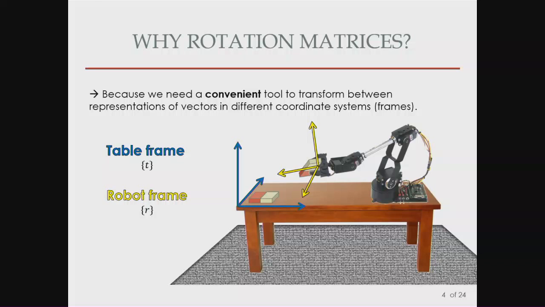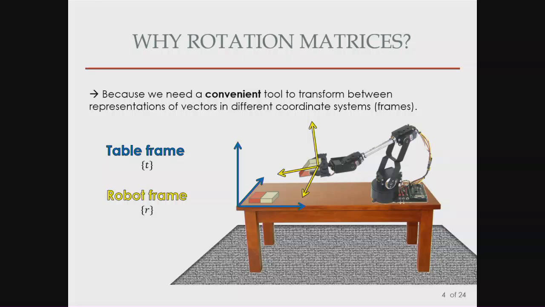I gave here an example to someone who asked me. Imagine you have some vector, and you have two coordinate systems that are oriented in different ways, but you do know how one is oriented with respect to the other because you know the angles between the xyz of one to the xyz of another.